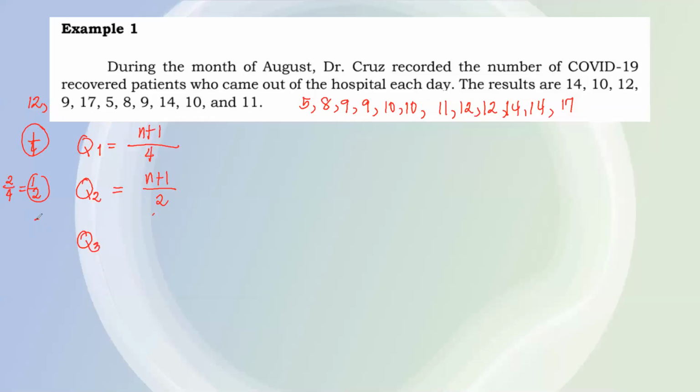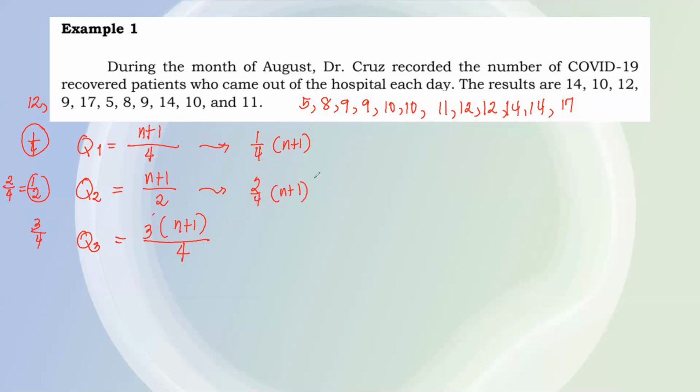Si Q sub 3 naman, that's 3/4. So, ibig sabihin, 3 times n plus 1 divided by 4. Papakita ko sa inyo kung bakit siya naging ganyan. Ito, that's 1/4 times n plus 1. Ito naman, nanggaling siya sa 2/4 times n plus 1.